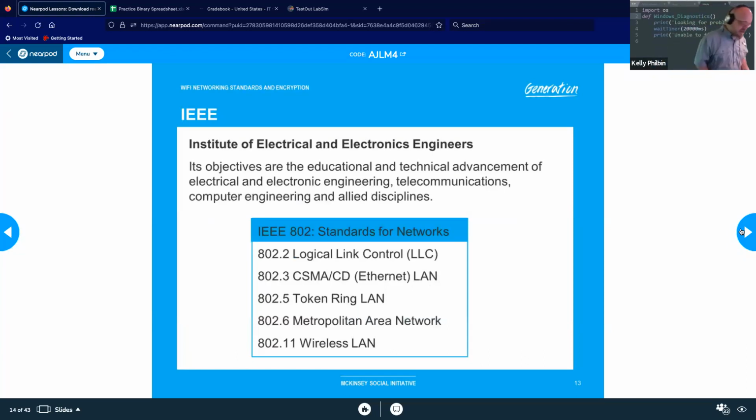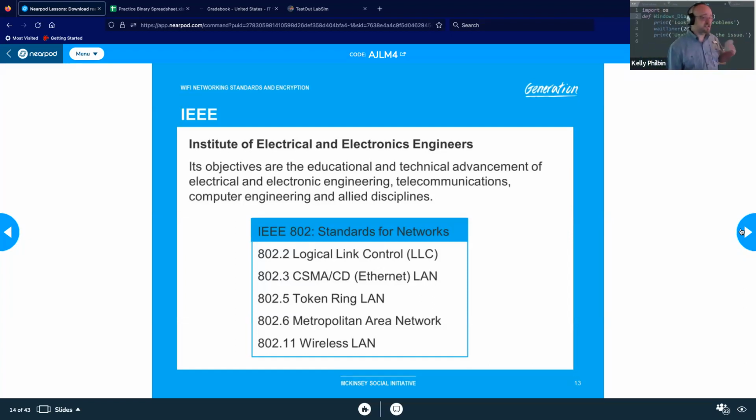All right, IEEE standards. This is the Institute of Electrical and Electronics Engineers. And we're saying various standards like 802.2, .3, .5, all that kind of fun stuff. Basically, it's a notebook full of things that these share in common.